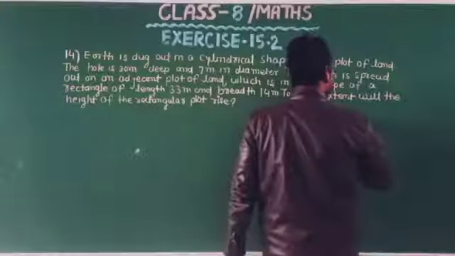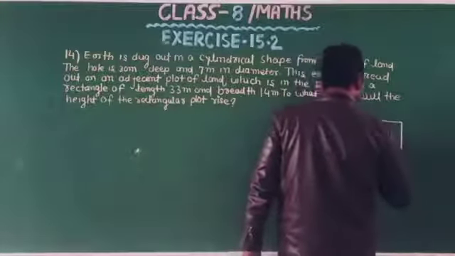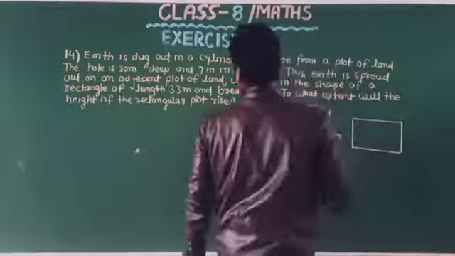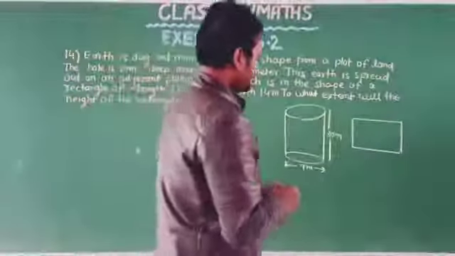So the earth is spread over here in rectangular form, whose length is 33 meter and breadth is 40 meter.